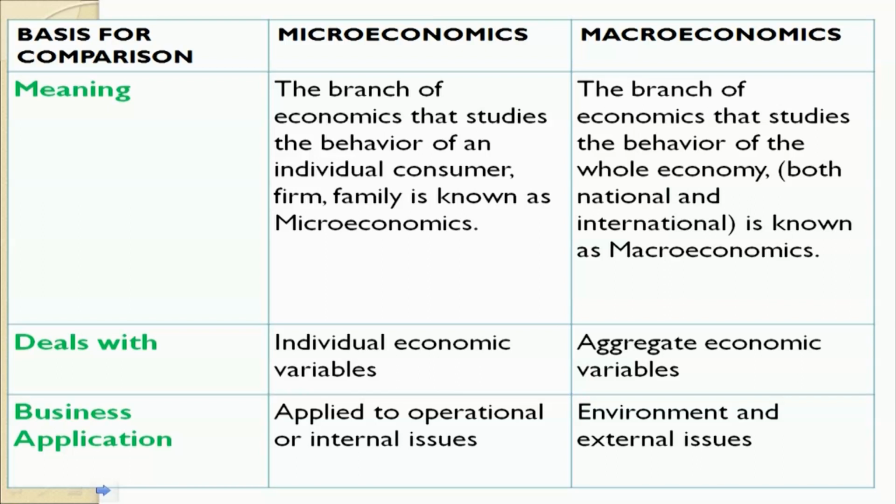So microeconomics deals with operational or internal issues, issues related to operations, such as a large number of wastages in an organization. We need to find the solution, the reason why the wastages are happening. We need to understand the effective utilization of machinery and of manpower in the organization. Likewise, we deal with this kind of operational issues.